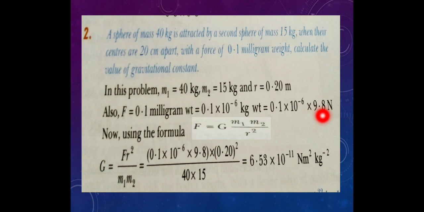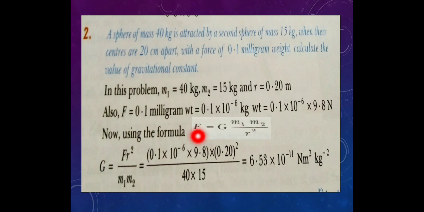Force we have to change in the form of kilogram weight, since it is a milligram weight, and you have to mention the 9.8, the value of acceleration acting on the objects. So you will multiply 10 raised to minus 6 into 9.8.